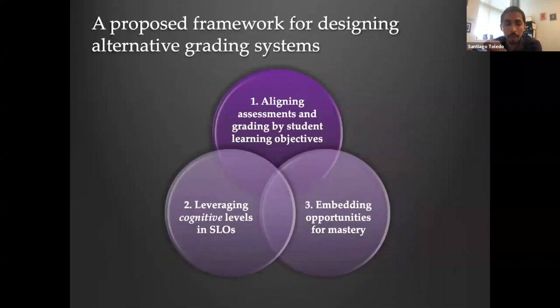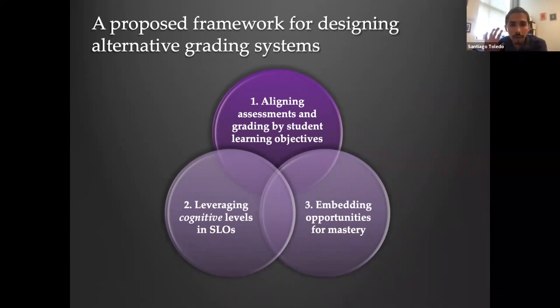So I propose this idea of a framework. I use these three categories around the framework of how I went about redesigning my grading structure in my class. The first thing is this idea of aligning the assessments and the grading by learning objectives. So I wanted my feedback to be focused not on the type of task that they were performing, like a homework or a quiz, but instead on the learning objective that they were achieving.